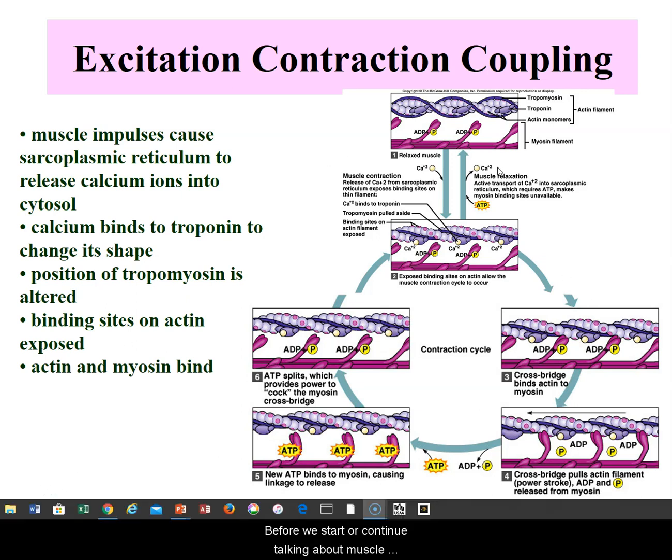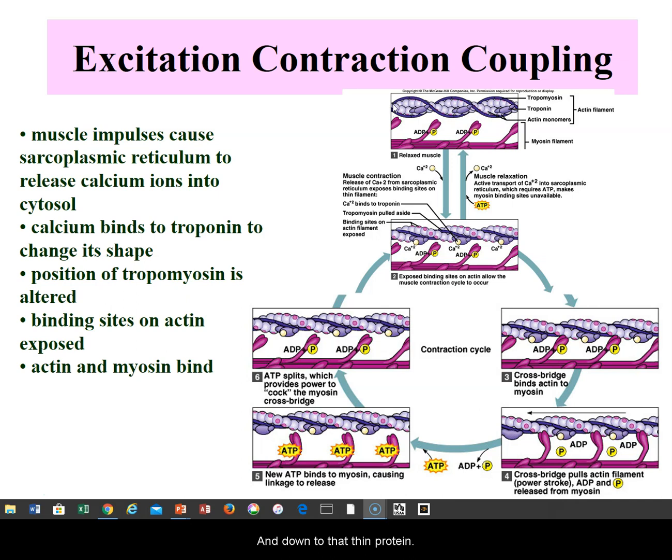Okay, before we continue talking about muscle contraction, let's go over these parts again so you'll be familiar with them as we go through the steps of what happens for a muscle to contract. This is the myosin with the myosin heads, okay? And this is that thin protein filament actin.